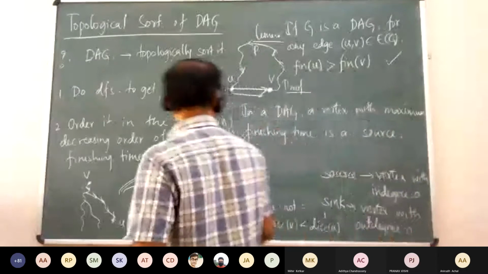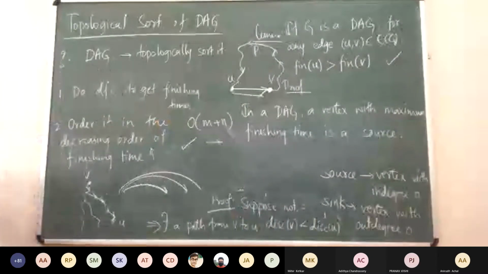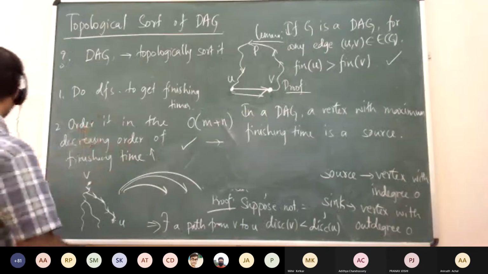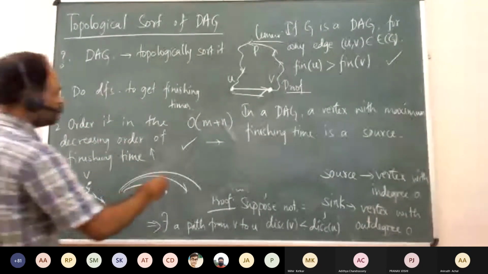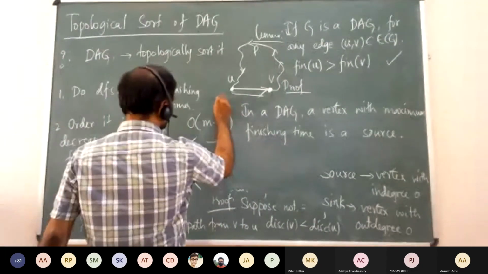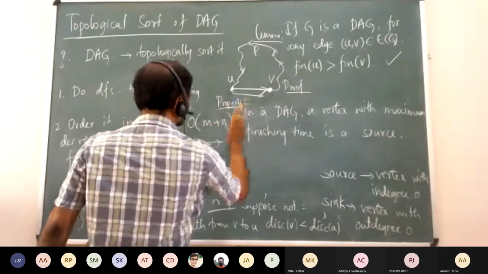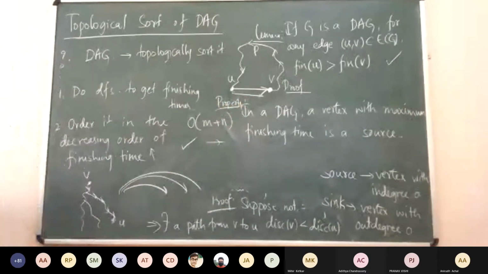This is a very nice property. I would like you guys to remember this. It's a claim we can even prove. So the vertex with maximum finishing time is always a source, right?